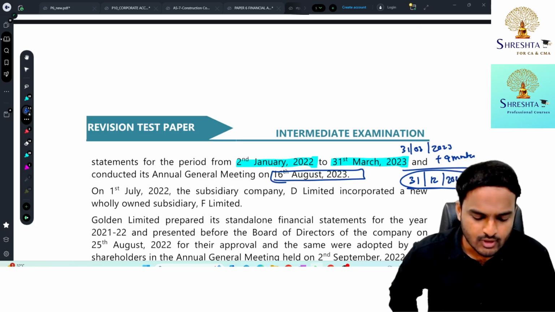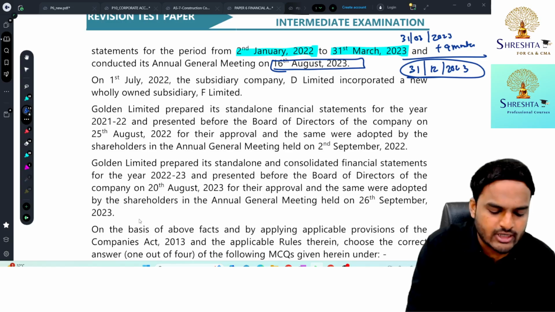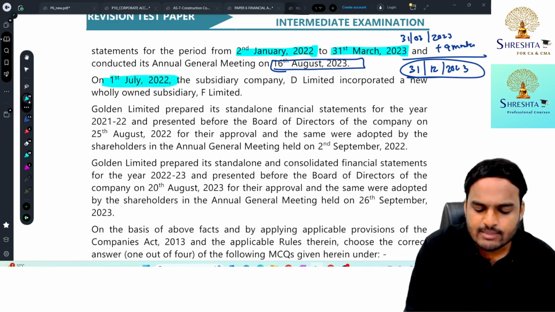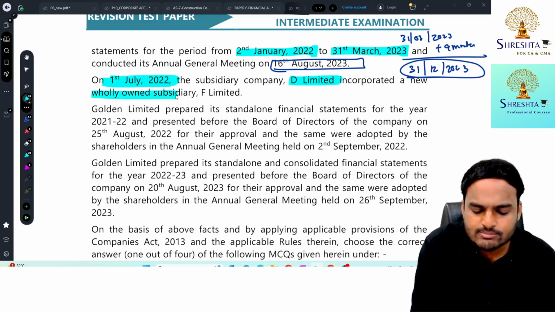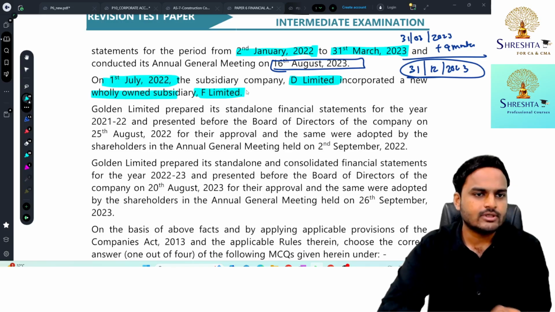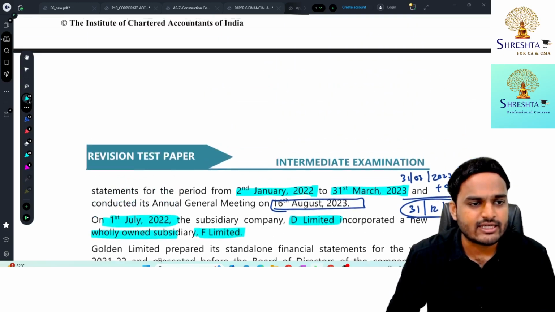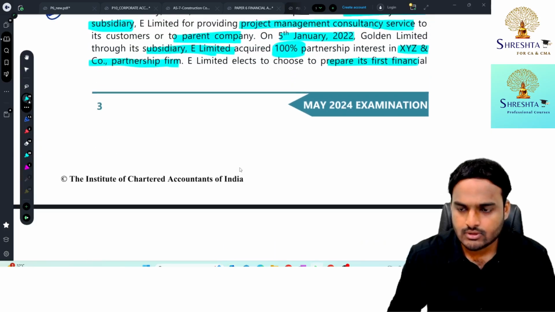Clear? On 1st July 2022, the subsidiary company D Limited incorporated a new wholly owned subsidiary F Limited. So D Limited is having a subsidiary F Limited.